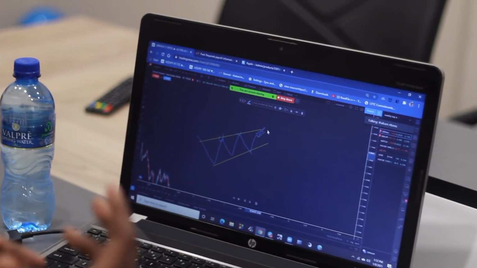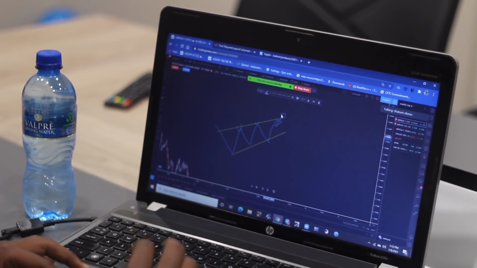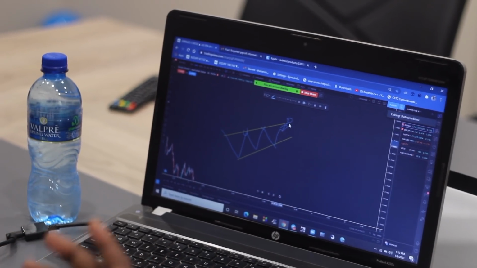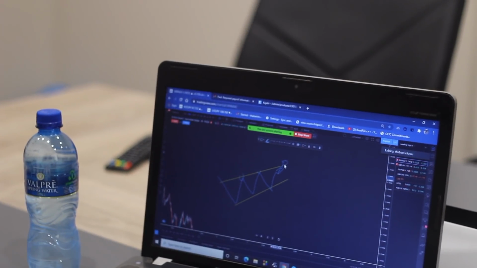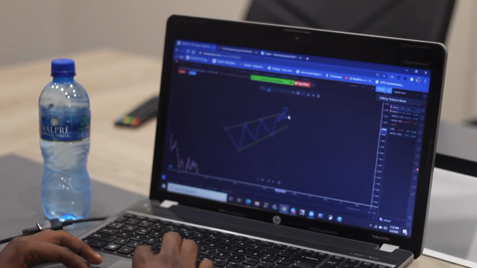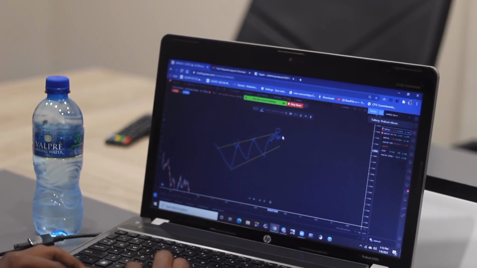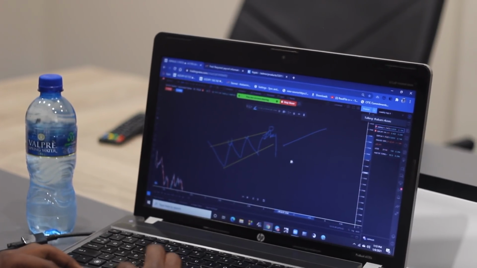So there are two ways we can take this trade. We can take it here at the top after it has given us the candlestick confirmation, or we can wait for it to break into these areas and form some commitment. Then we take it in these areas. Let me make it a bit more simple.